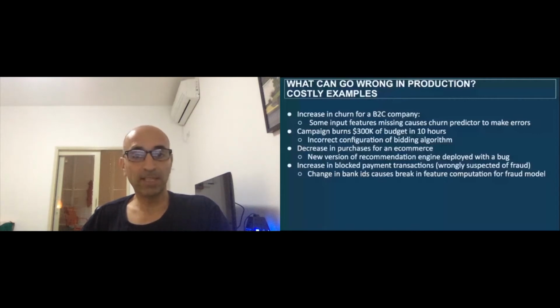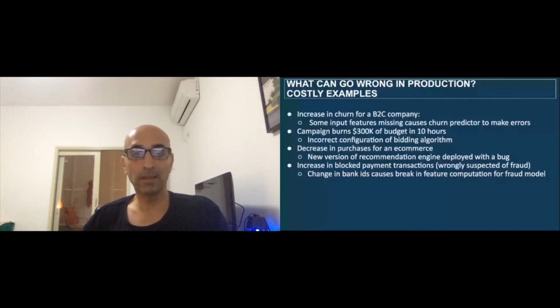An ad tech company actually burned $300,000 of a budget in 10 hours because of an incorrect configuration of a bidding algorithm. It was a runaway bidding algorithm. Again, the model itself was trained properly. It's just that the input features or the configuration was set wrongly by somebody for that particular campaign.